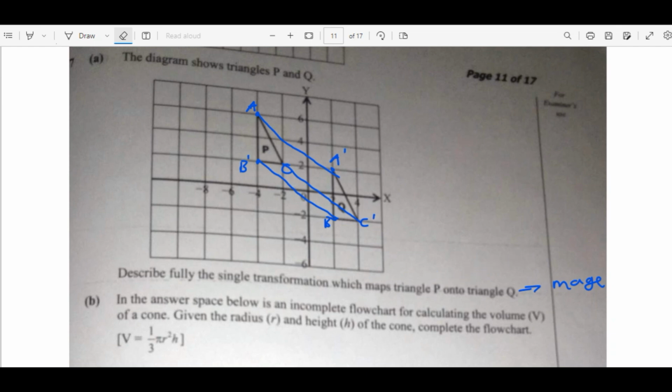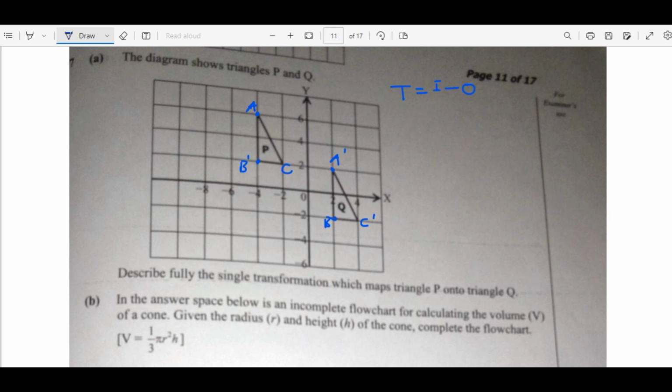Now what are we supposed to have for us to describe translation? We need a translation vector. How can we find the translation vector? We use this formula: translation vector plus object is equal to image. So if we make translation vector the subject of the formula, then translation vector is equal to image minus object.